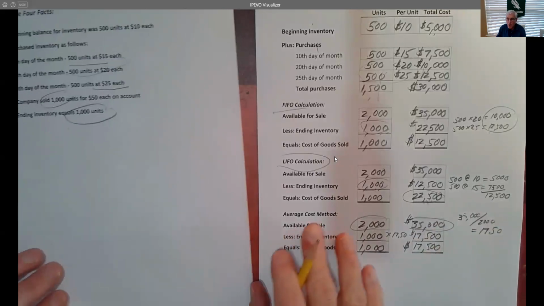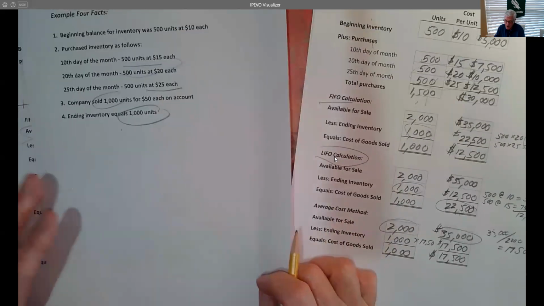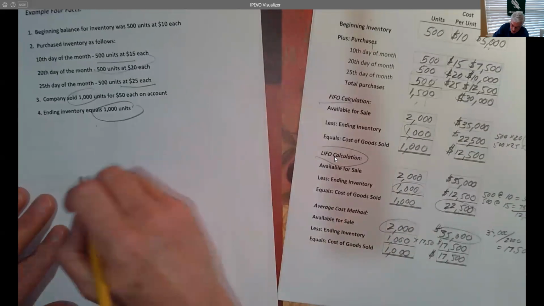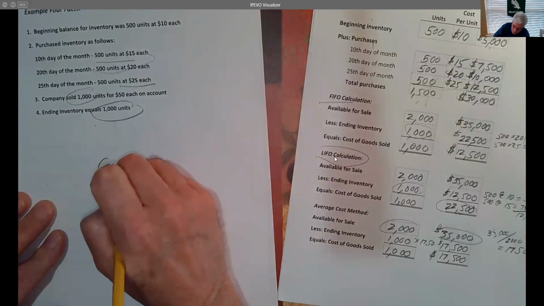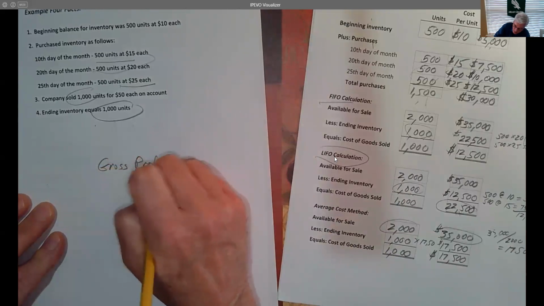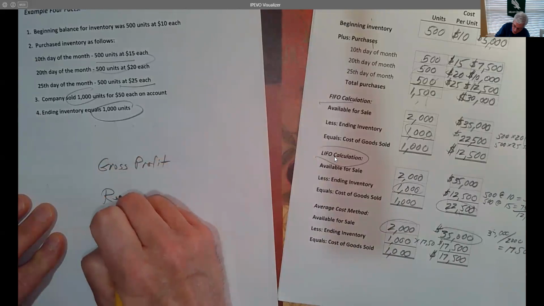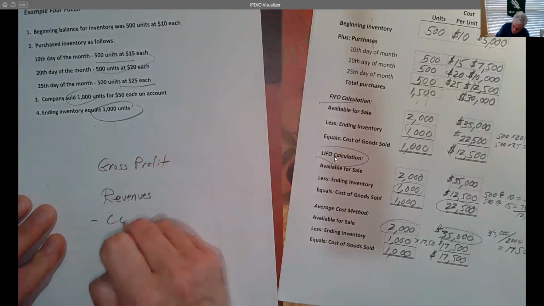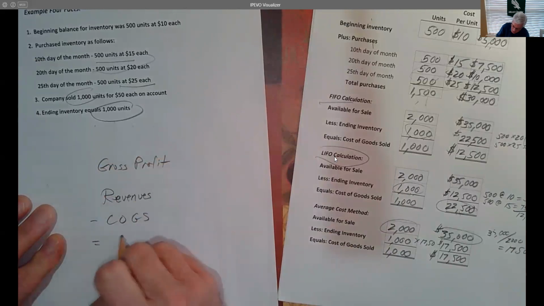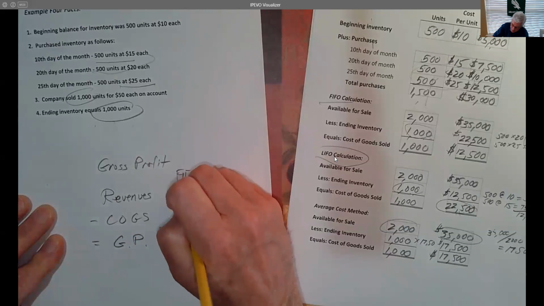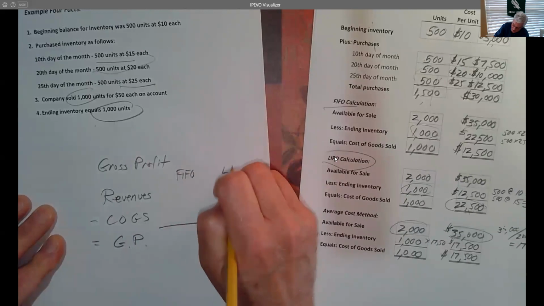Don't forget gross profit, because that's what we're trying to do here. We'll end with gross profit on this. And again, gross profit equals revenues minus cost of goods sold equals gross profit. Let's do it under FIFO and under LIFO.